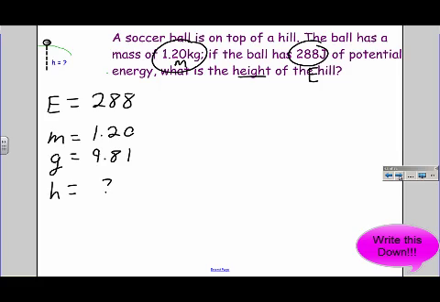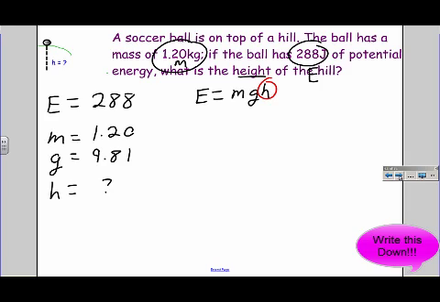So again, you can either have just the regular formula up here and solve that way, or you can rearrange the equation and then solve after it's been rearranged. Okay, so we're solving for our height. So we need to move our mass and our gravity to the other side of our equation. Right now, those two are being multiplied to h. The opposite of multiplying is dividing.